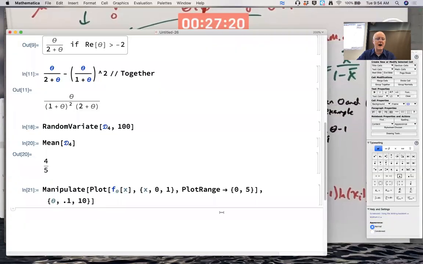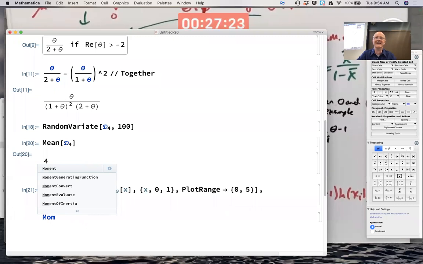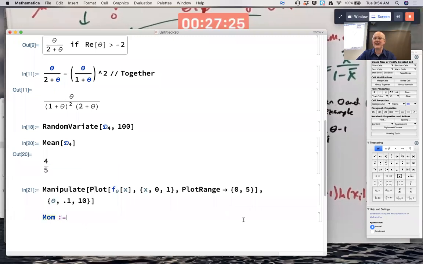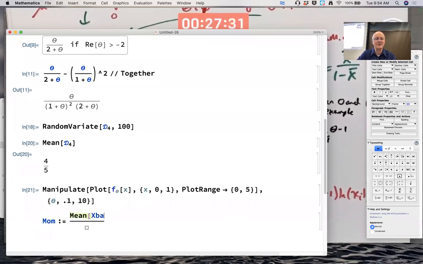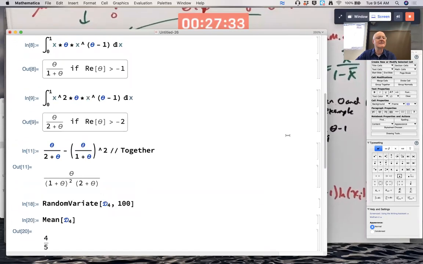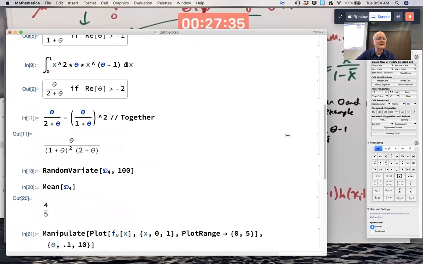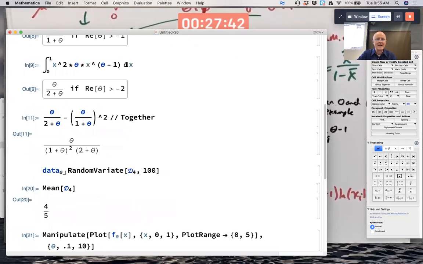Okay, let's go ahead and use M.O.M. M.O.M. is defined to be x bar over 1 minus x bar. Mean x bar, or no, data. I should call it data. Here, let's do data sub theta. Let's change that to a theta.